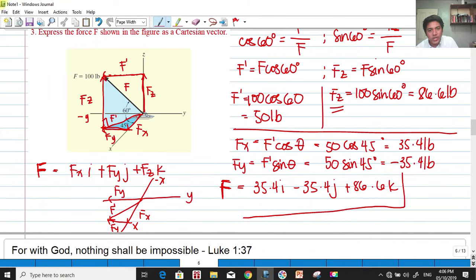That is the Cartesian vector form of our force F, 100 pounds. So if we're going to solve for the magnitude of this, square root of 35.4 squared plus 35.4 squared plus 86.6 squared, we'll be getting 100 pounds because that is the magnitude of the force.